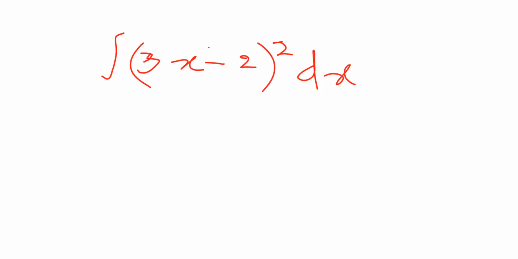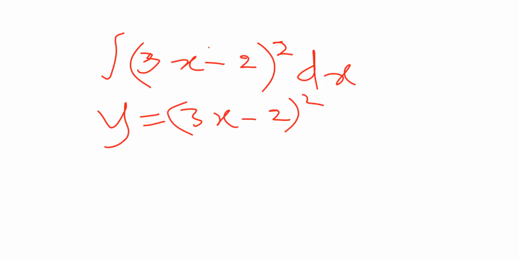So what's the answer? 3 into 3x minus 2 raised to power 3 over 3 plus k. There's no over. You add these 3, Abby.